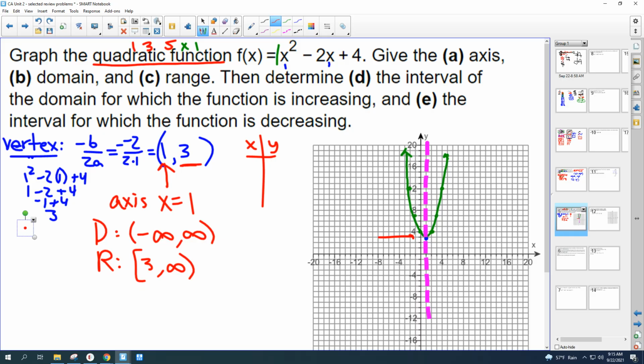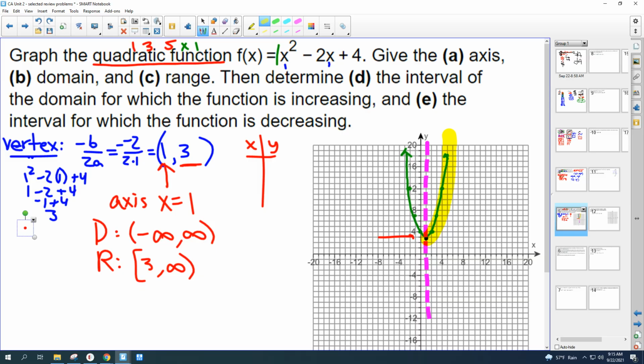The interval of the domain for which the function is increasing and decreasing. I know students have struggled with this before. When it's increasing is right here. That's where the graph is increasing. And what people want to do is say it's going from 3 up. Even though that's true, that's not how you answer this question. It wants the interval of the domain. So you're always looking at the domain.